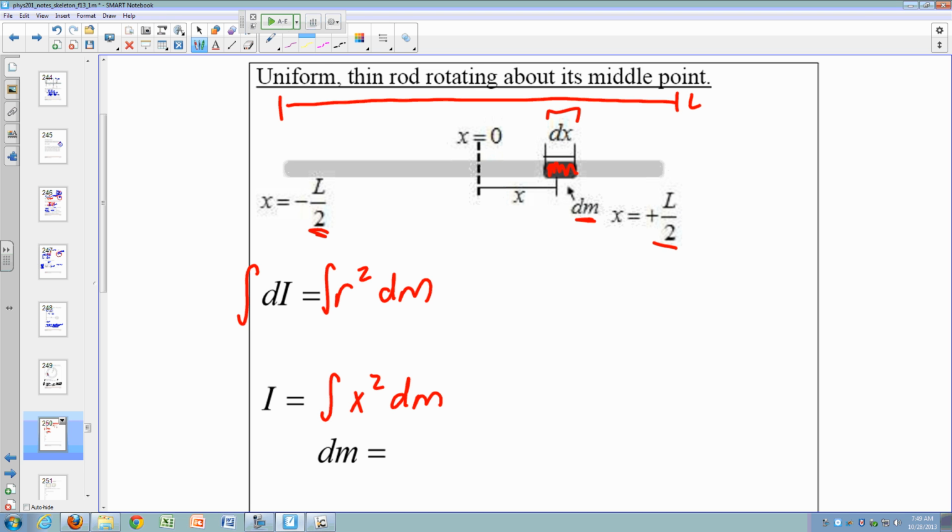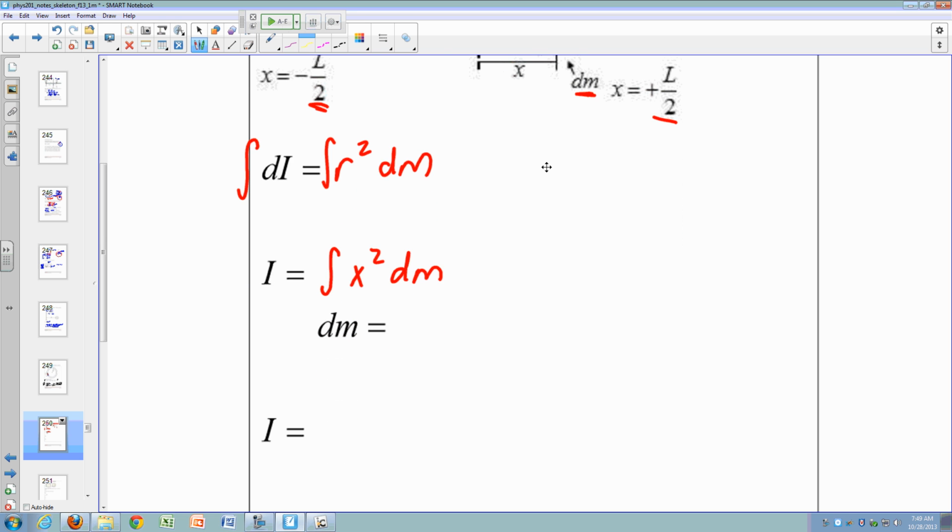Right, now we need to express dm in terms of x in some way. And this is sort of the tricky part in all these derivations, is knowing how to express dm in terms of your spatial variables. In this case, we're in just one dimension, so it's a little easier. But dm is going to be the total mass of the bar over the length of the bar times dx.